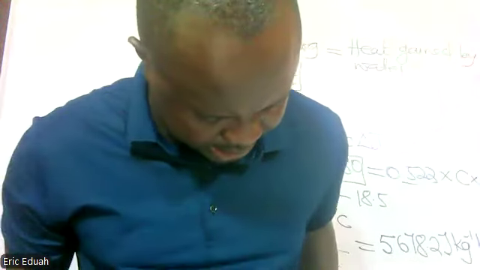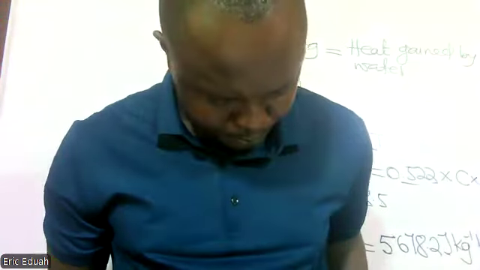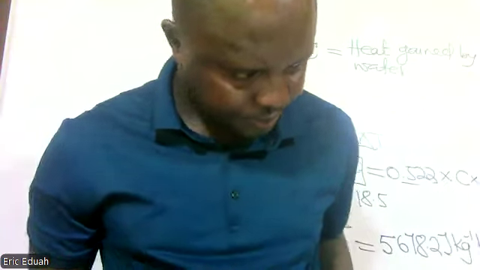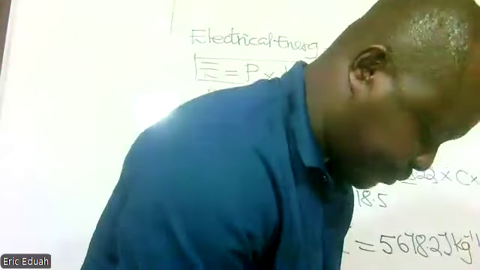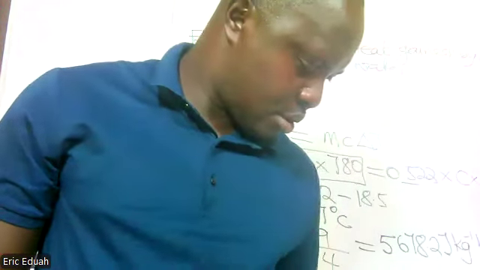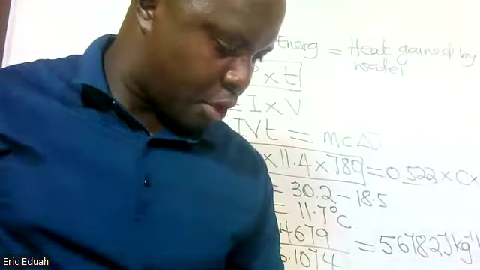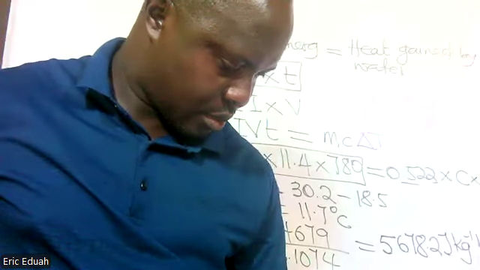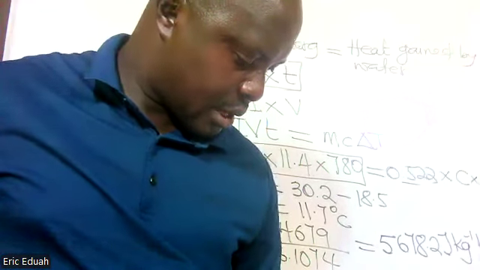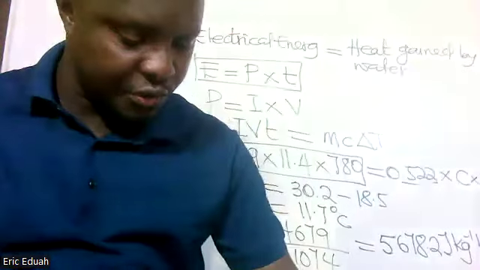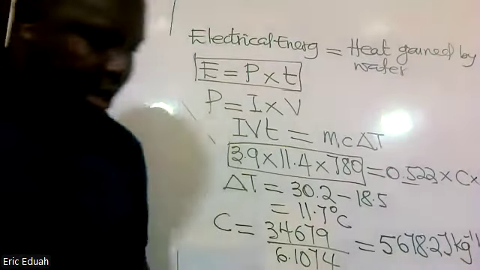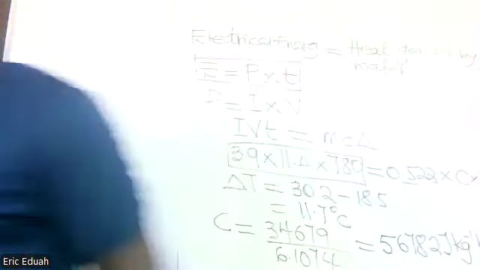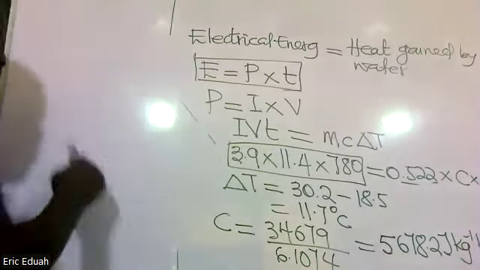A cowboy fires a silver bullet with a mass of 2.00 gram and with a muzzle speed of 200 meters per second into a wall of a saloon.